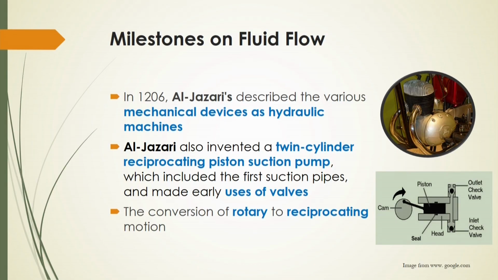Al-Jazari also invented a twin-cylinder reciprocating piston suction pump based on this initial principle, which included the first suction pipes and made early use of valves. After that, they converted this rotary pump to a reciprocating pump by their principle of motion.